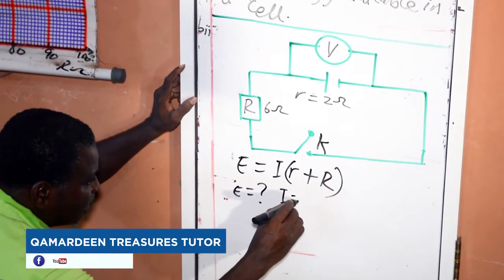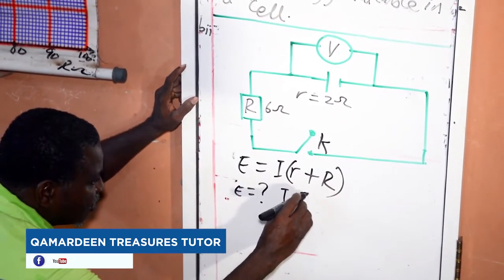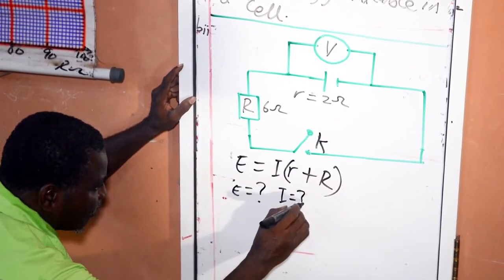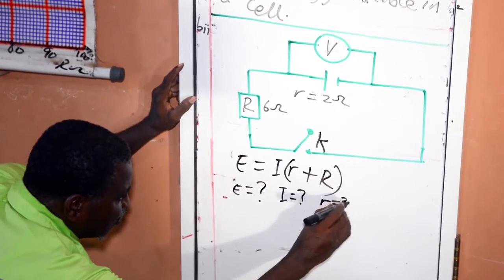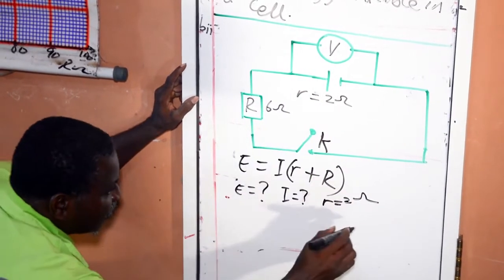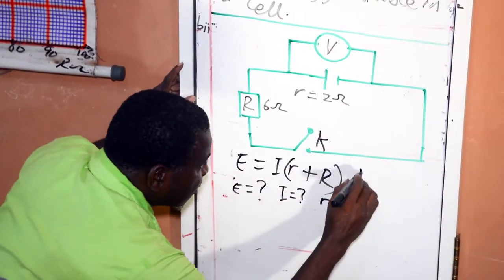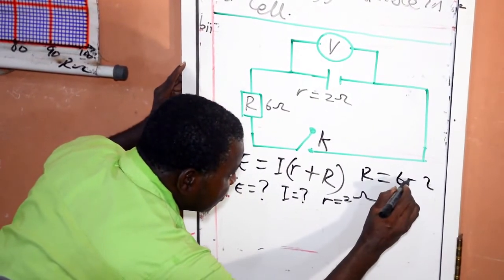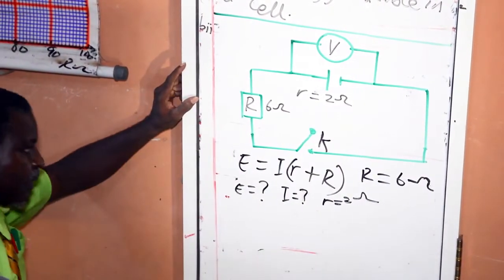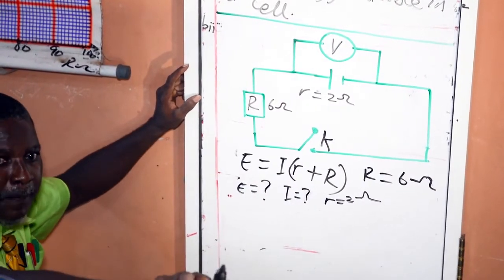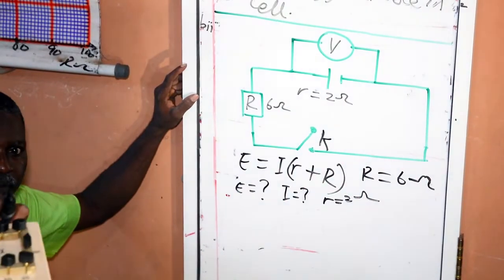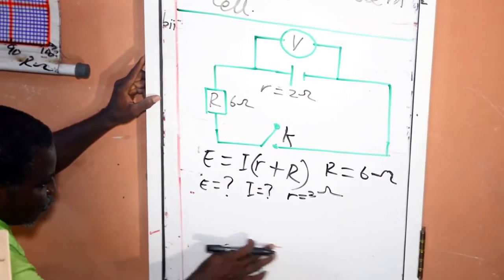We are going to calculate I also. Internal resistance r is equal to 2 ohm. External resistance R is equal to 6 ohm.